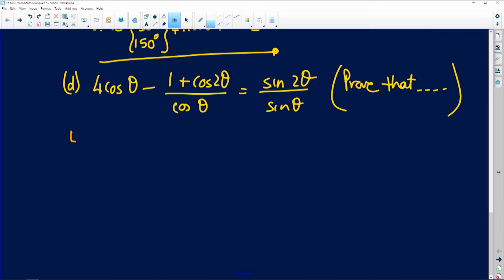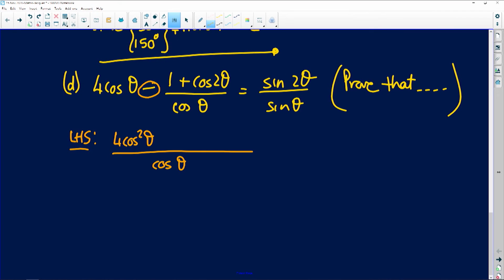If I now go with the left-hand side, my LCD is cos. Okay, so I'm going to immediately put it on the same denominator. 4 cos squared theta minus, now be careful, this is a serious catch. There's a negative in front of the fraction.